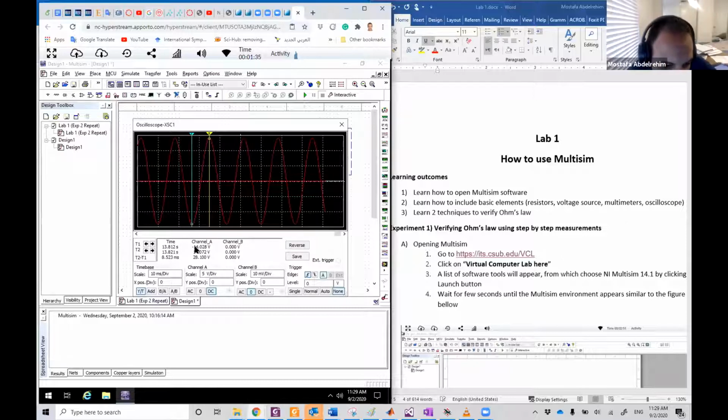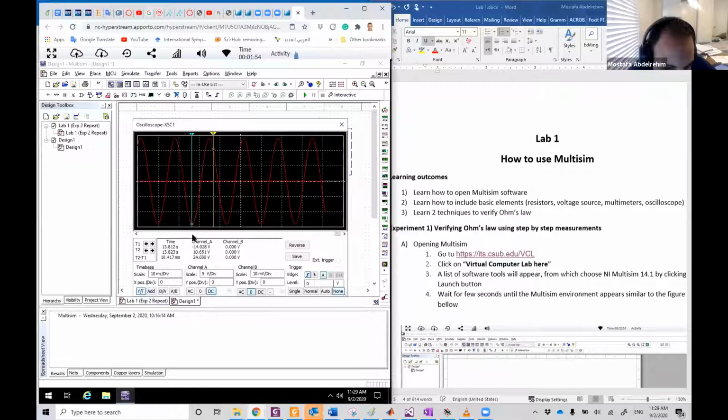And just look at the numbers. This point is minus 14 point something, and this point number 2 is stopped at plus 14 point something. If we move it, look, this is changing.